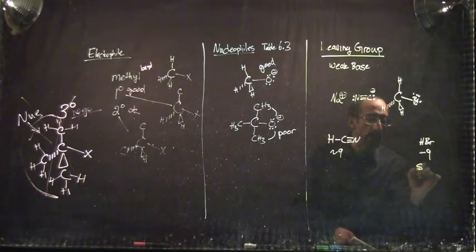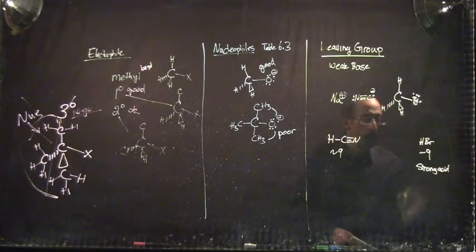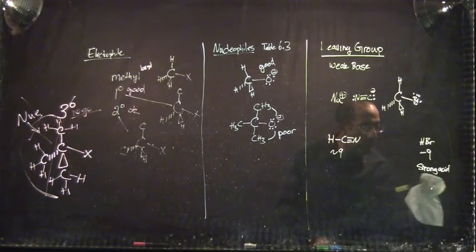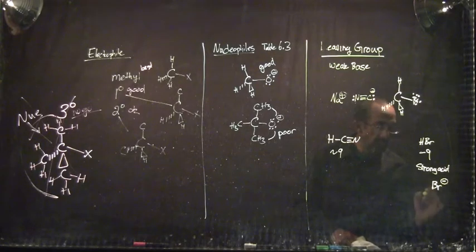So this is a strong acid, which means our leaving group, Br minus, is a weak base.